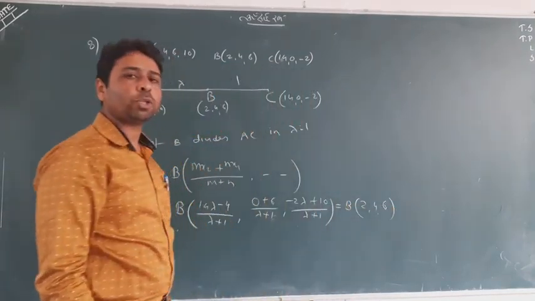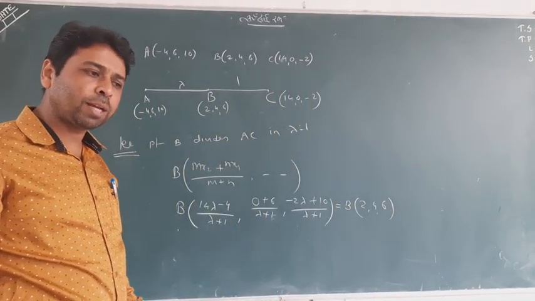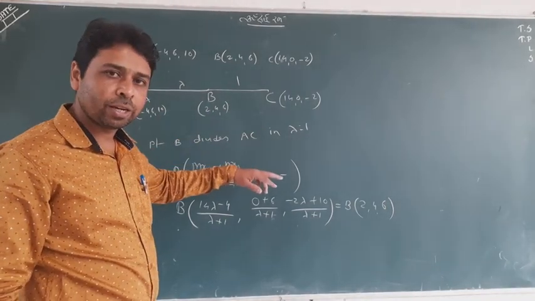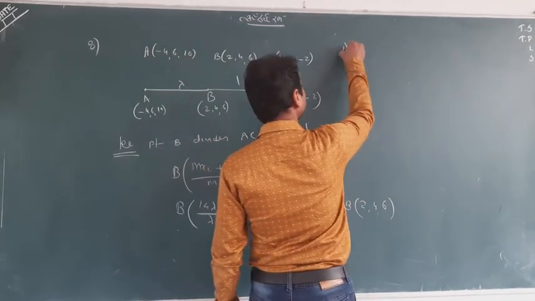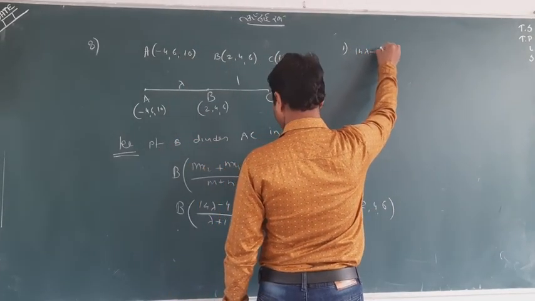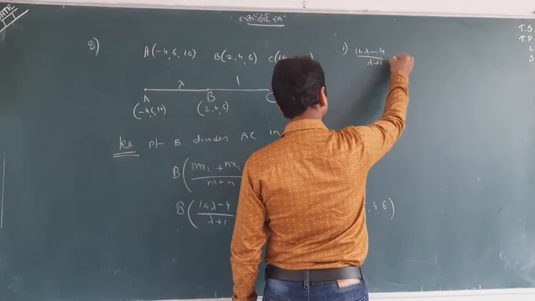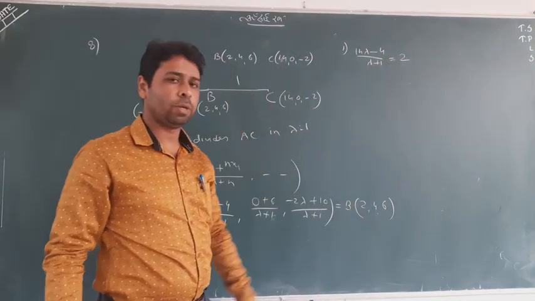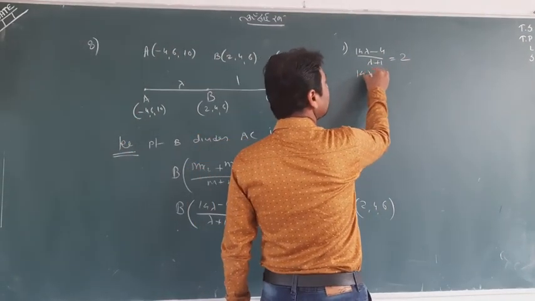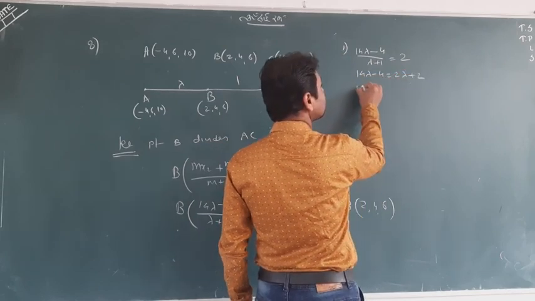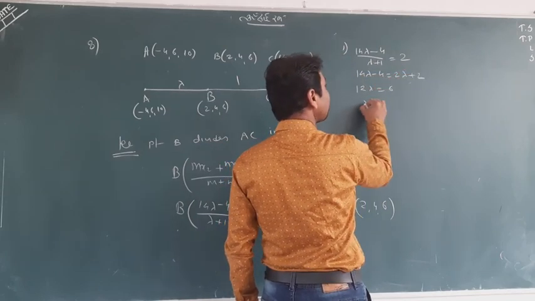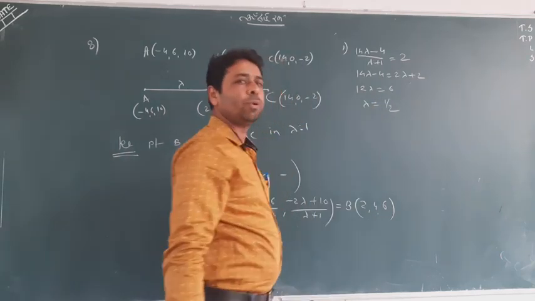Still, the question may arise in the mind how we can prove that B is dividing AC in a proper ratio. Okay, I will compare. First, comparing (14 lambda minus 4) upon (lambda plus 1) equal to 2. This is 2, and I will find the value of lambda from here. 2 lambda plus 2 equals 14 lambda minus 4, 12 lambda equals 6, lambda is equal to 1 by 2.